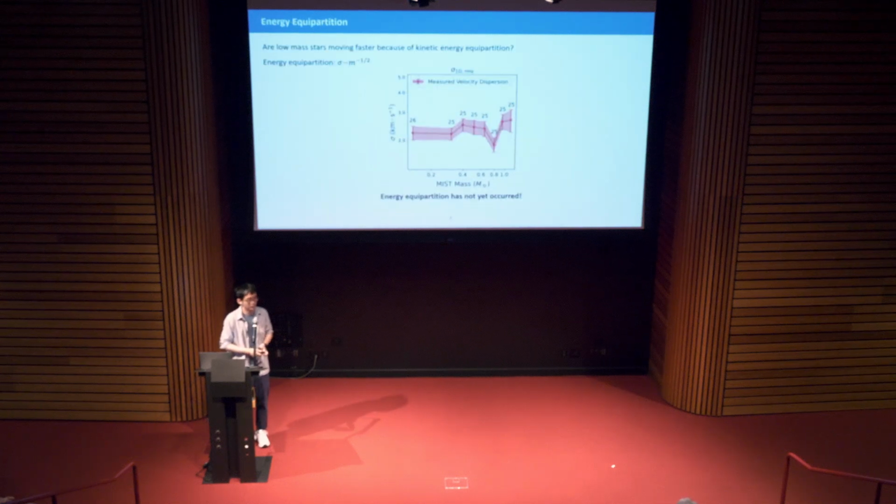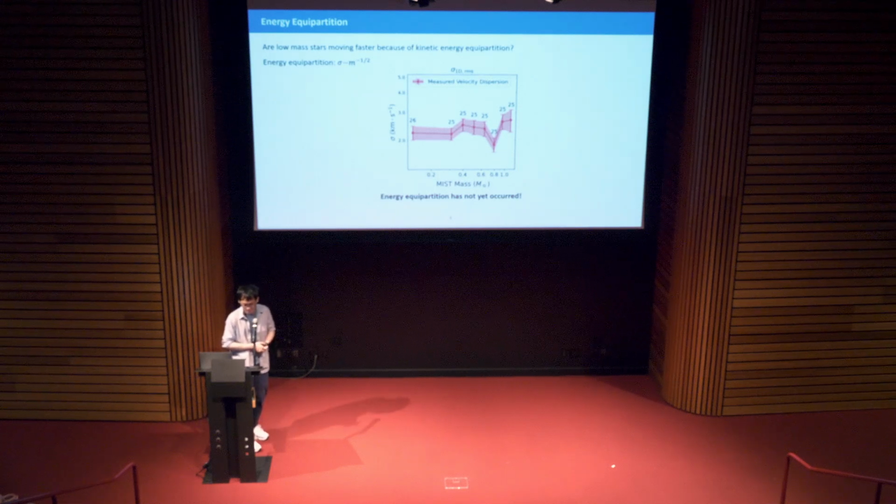But one might naturally ask, is this because of energy equipartition? The answer is no. First of all, the age of the ONC is not enough for it to become relaxed. I believe it's only 1/3 of its relaxation time.